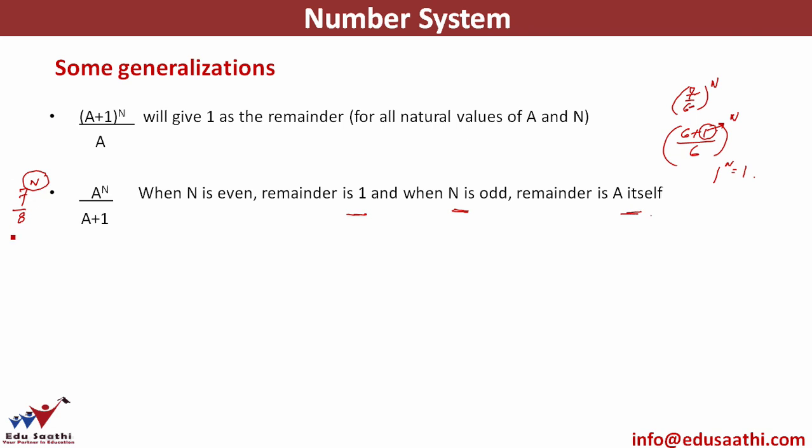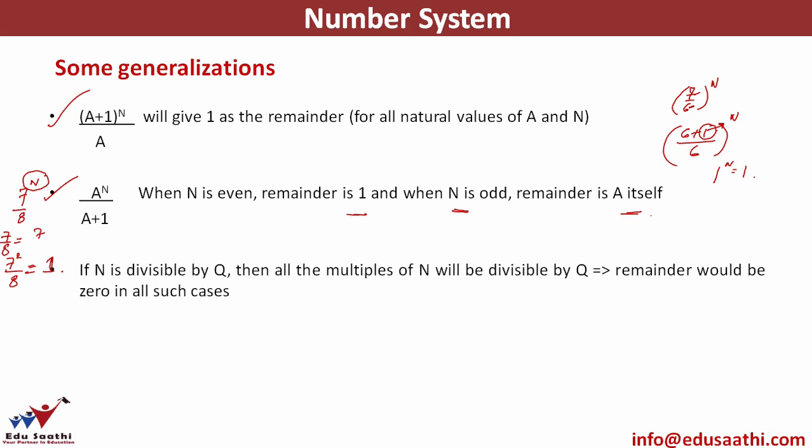So if you keep n odd, the answer is 7. If you keep it even, 7 squared is 49, and 49 when divided by 8 would give a remainder of 1. So if you remember these generalizations, you will be able to do some questions really quickly.